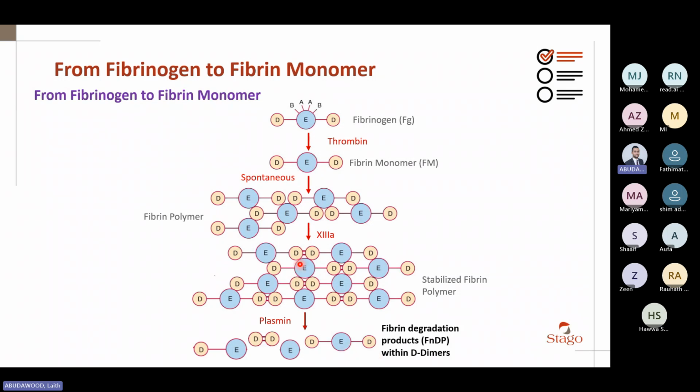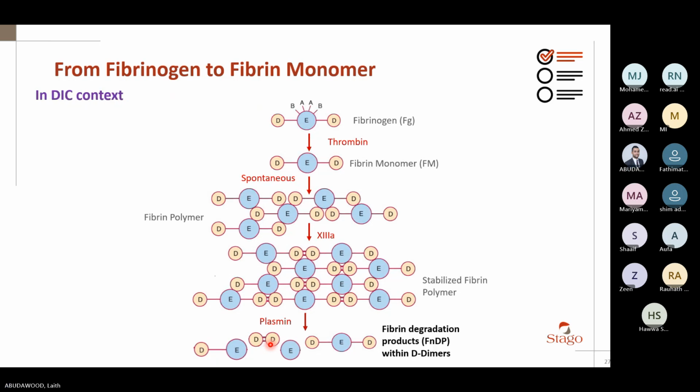After it's being broken by plasmin, it forms fibrin degradation products, okay? D-dimer is one of these fibrin degradation products because fibrin degradation products include the E domain, the D domain, different forms of each, plus the D-dimer. So D-dimer is just one of the fibrin degradation products.